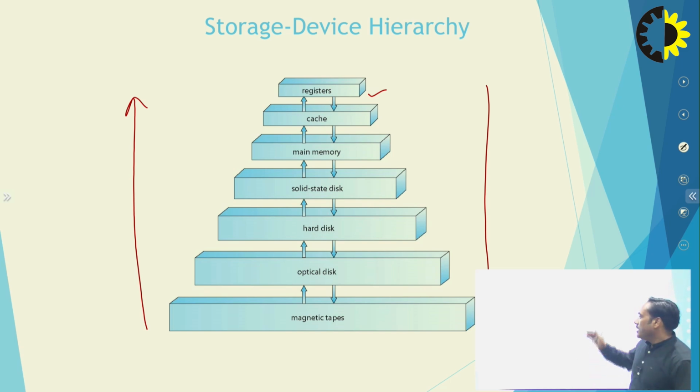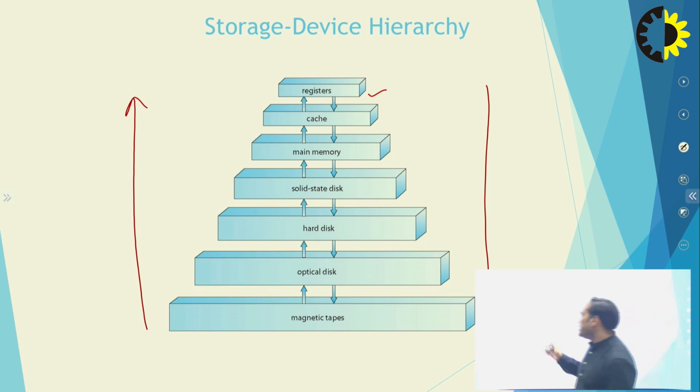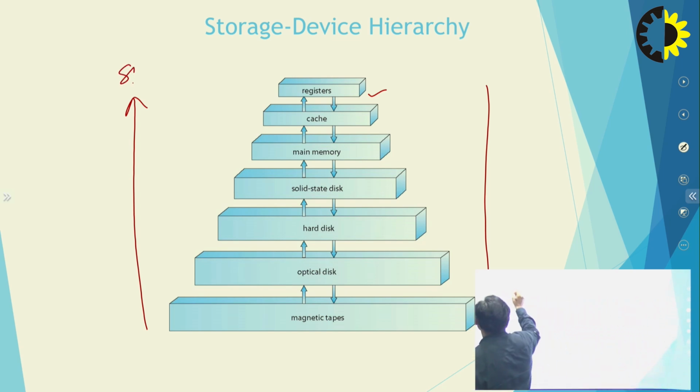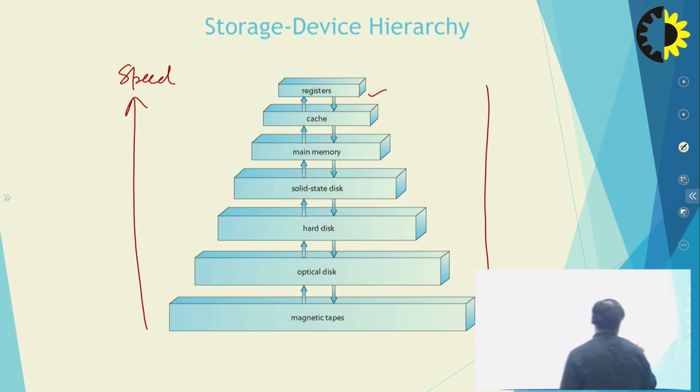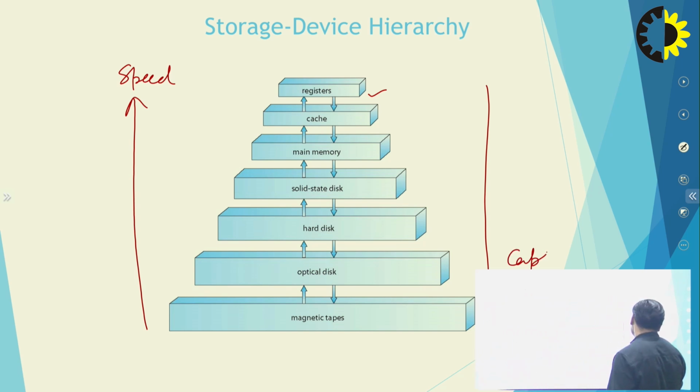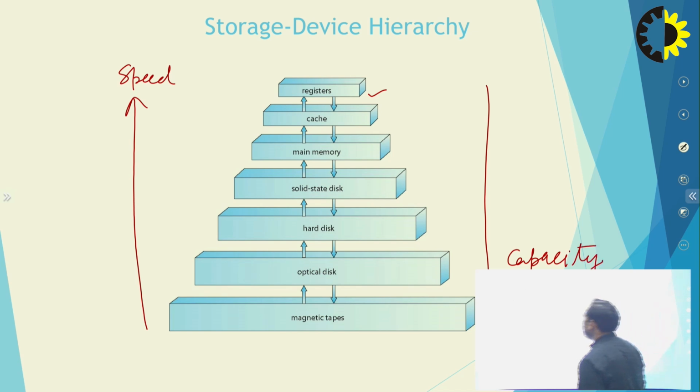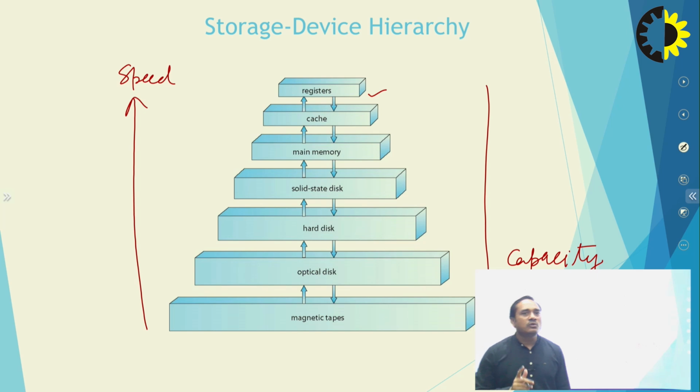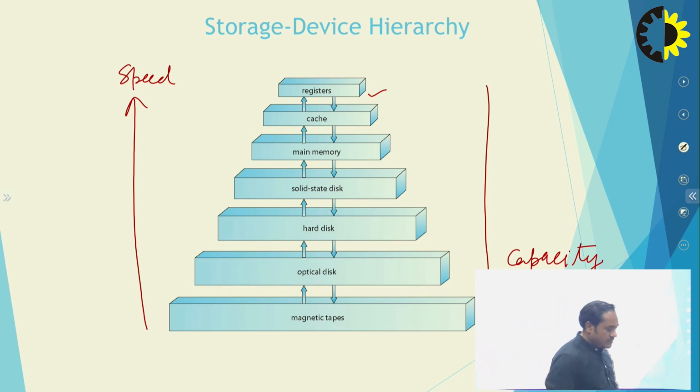So here is speed and here capacity. Capacity is going to increase and speed is going to decrease. So this shows the hierarchy of the storage device.